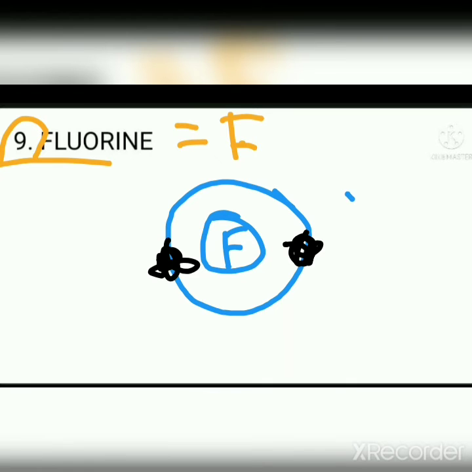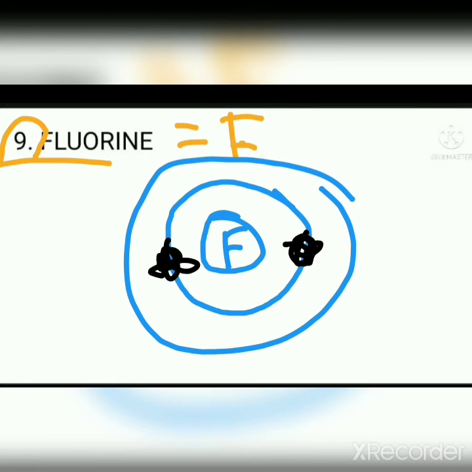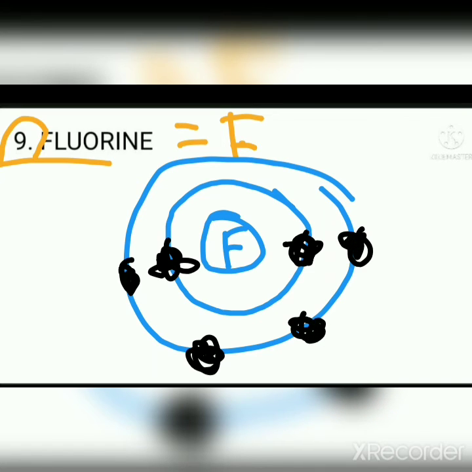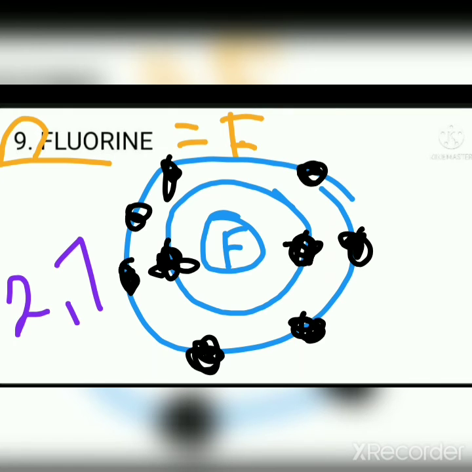Then I will make another circle, and in this I will make 9 minus 2, that is 7 electrons: first, second, third, fourth, fifth, sixth, and seventh. This is how we can take out the electronic configuration of fluorine, which is 2 and 7.